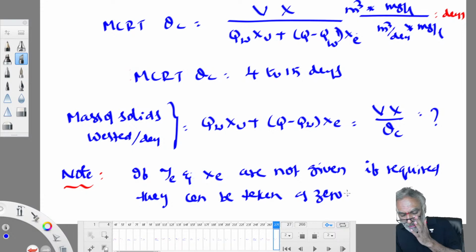Okay? That point also you have to remember. The activated sludge process is very, very important. The first two parameters are very, very important.